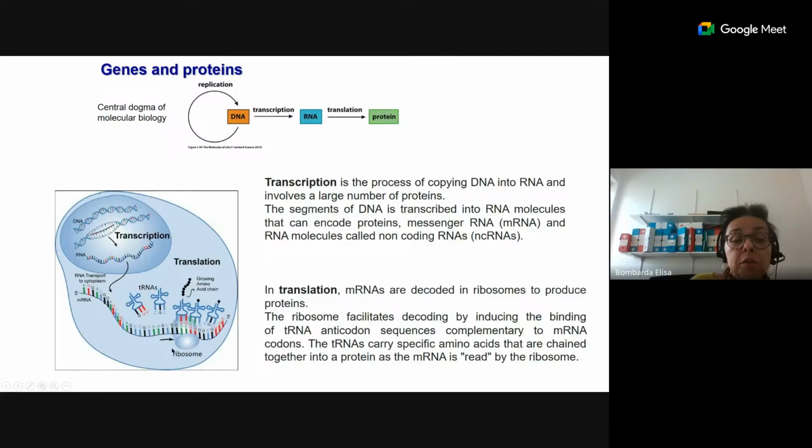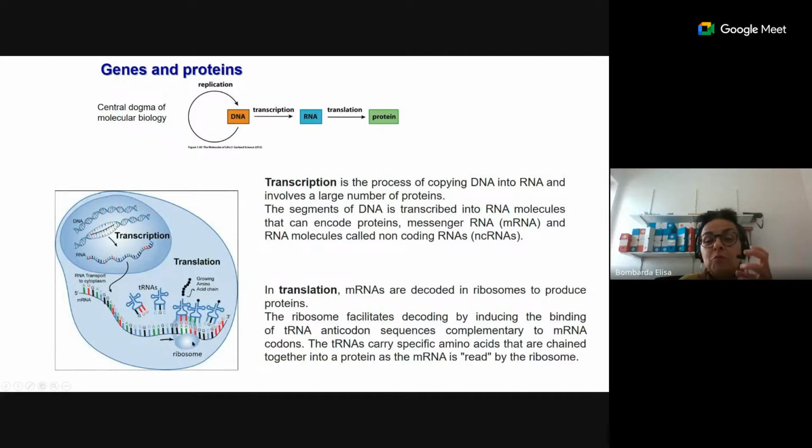And this occurs in the ribosome. In translation, mRNAs are decoded to produce protein. So what is the function of the ribosome?